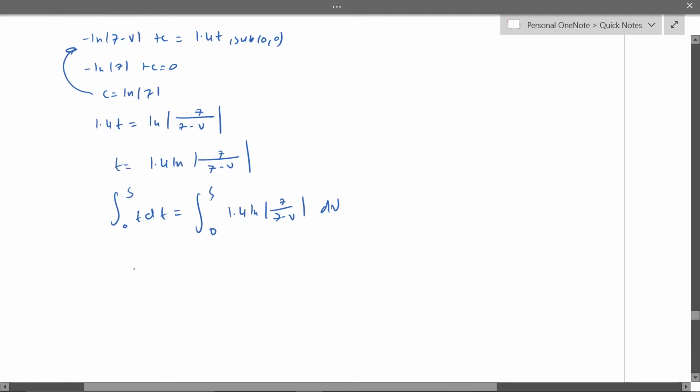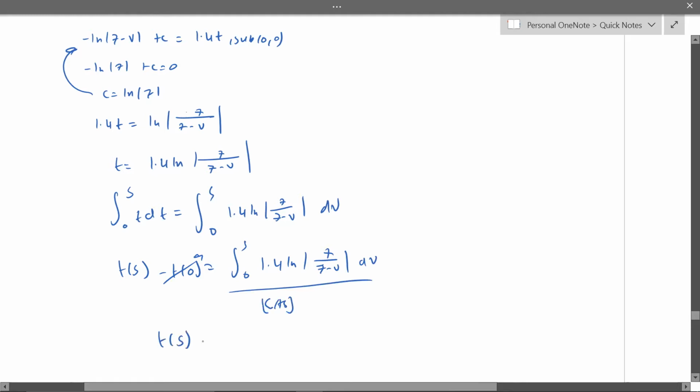So t5, which is what we want, minus t0 equals the integral from 0 to 5. This is 0, so you can just put this into your CAS, and you get t at v equals 5 is 0.9 seconds.